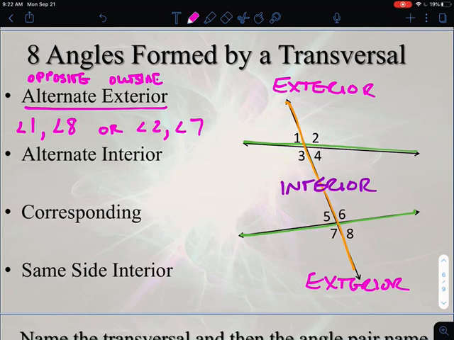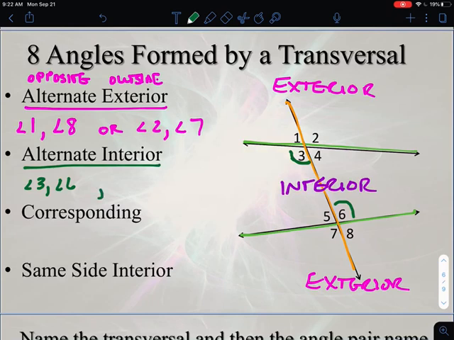My next pair is what we call alternate interior. So alternate meaning opposite, interior meaning inside. So I pick an inside angle, like angle 3 here. And if I want to pair it with an alternate interior, I need to be inside my two green lines still, so either 5 or 6 down here, but I need to be on the opposite side of orange, which would take me to angle 6.